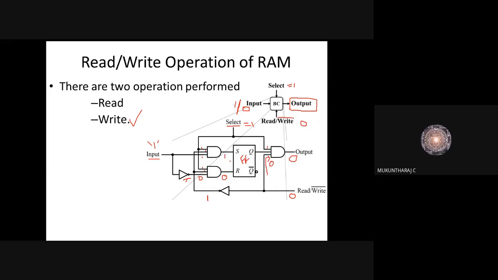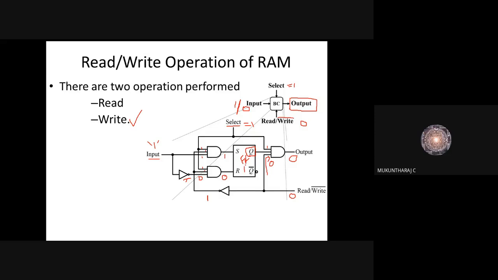Now the input for this SR flip-flop is 1 0. S is equal to 1, R is equal to 0. If the value of S is equal to 1, that means set operation, right? Set operation means the output Q will be set to logic 1.